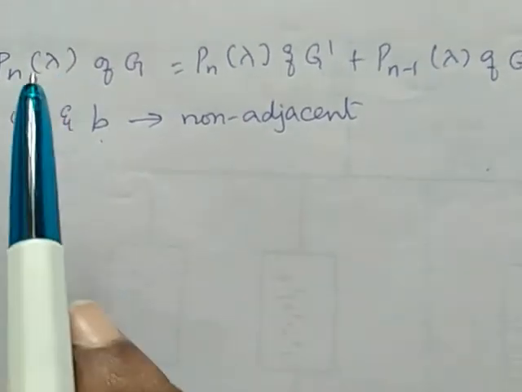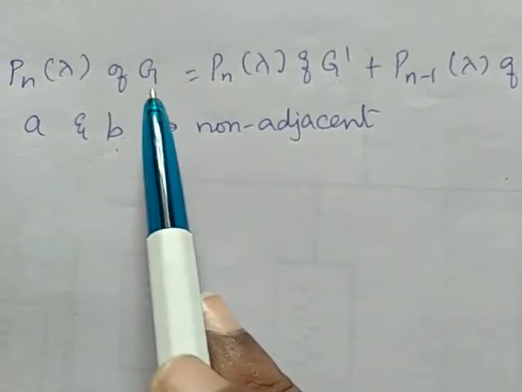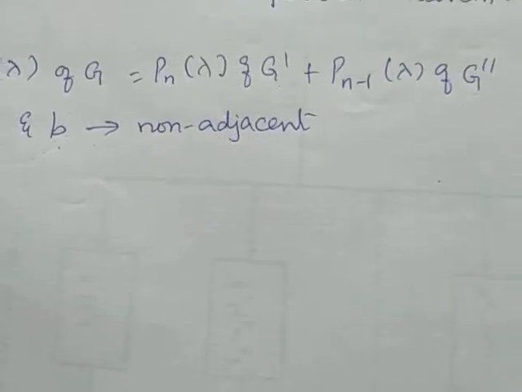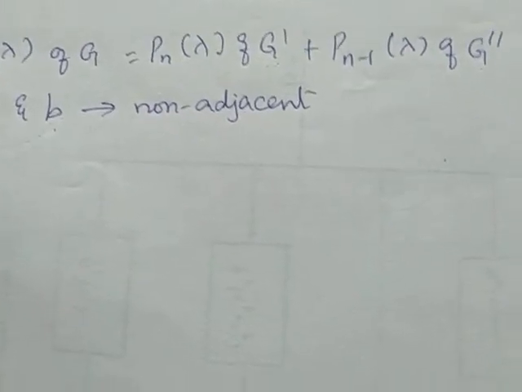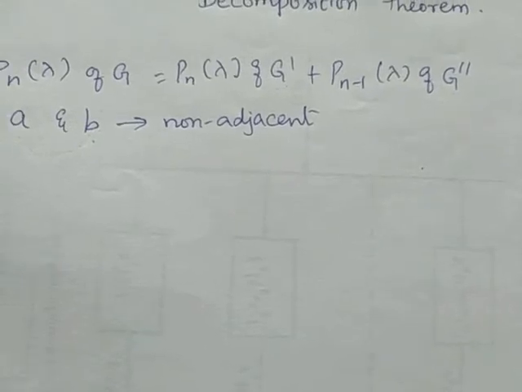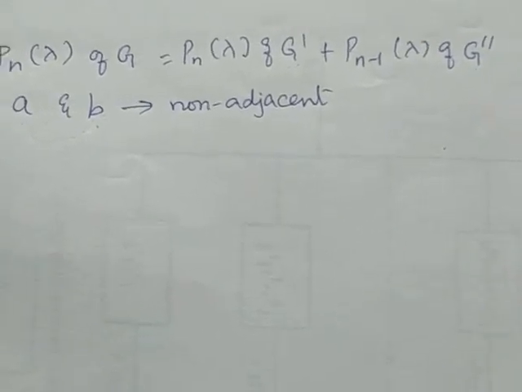Then the chromatic polynomial of G is equal to the chromatic polynomial of G dash plus that of G double dash. Now we are going to prove this.